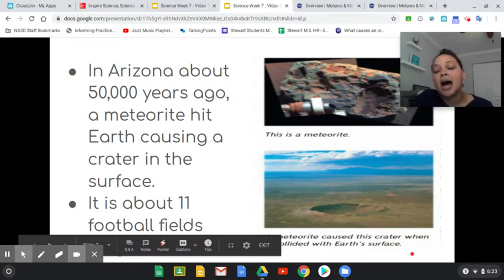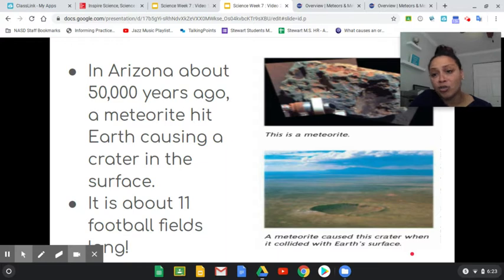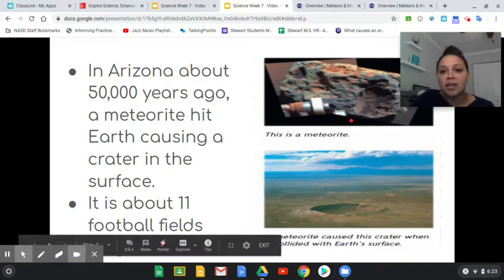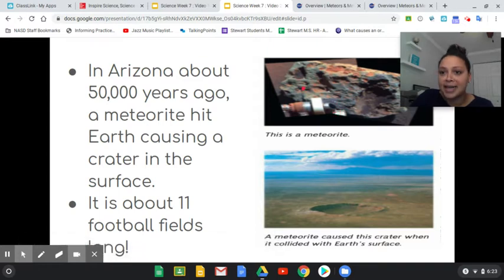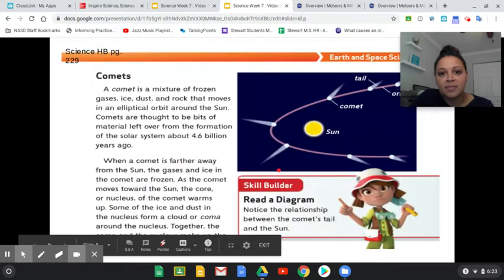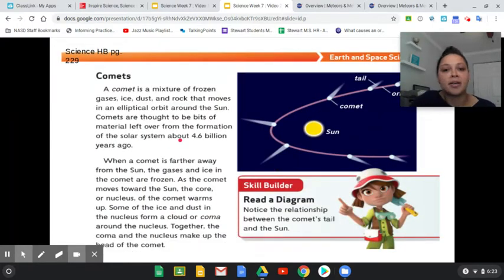And so this was a very large crater. It was about 11 football fields long. So think about that. And so here is a picture of another meteorite that happened to hit. So again, very unlikely, but small chance of it becoming a meteorite.